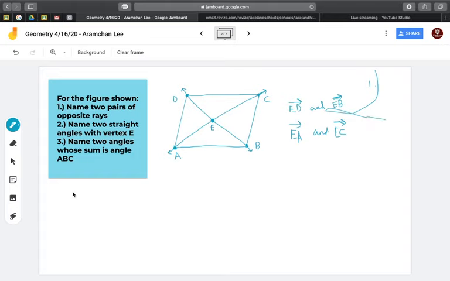So for part 2, it asks us to name two straight angles with vertex E. So we know that opposite rays are connected to straight angles because opposite rays actually produce 180-degree angles.